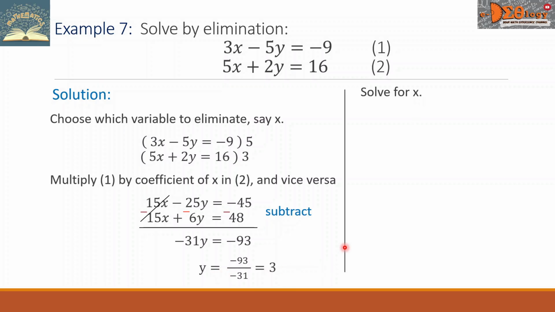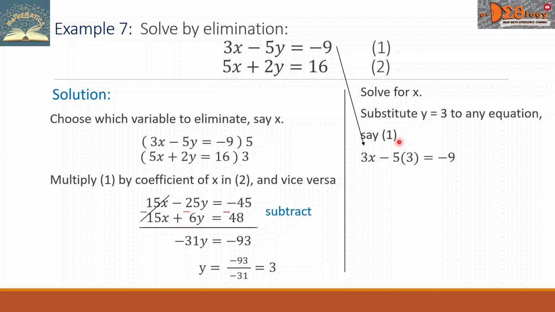Let us now solve for x. We substitute y equals 3 to any of the equations. We can choose equation 1. So equation 1 becomes 3x minus 5 times 3 equals negative 9. 5 times 3 is 15, and this negative 15 we transpose to the right.